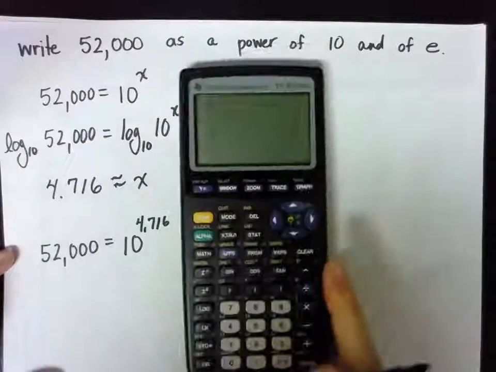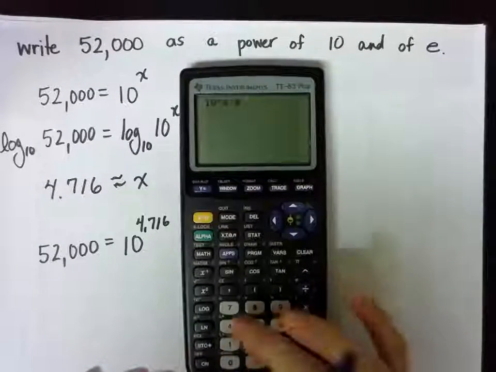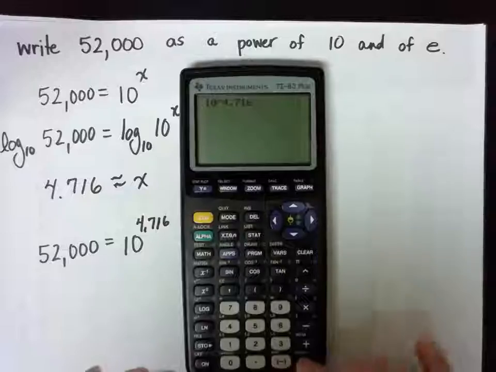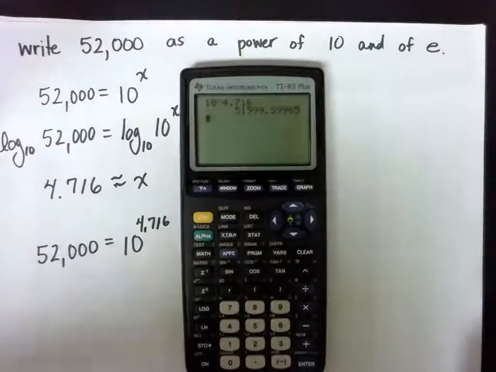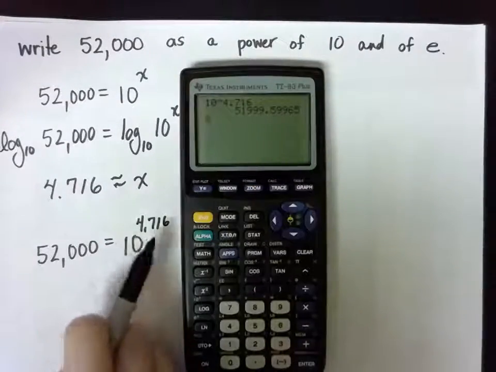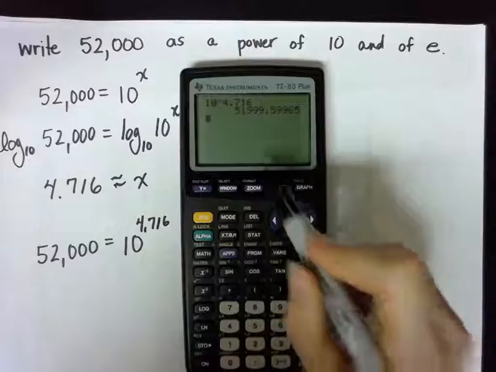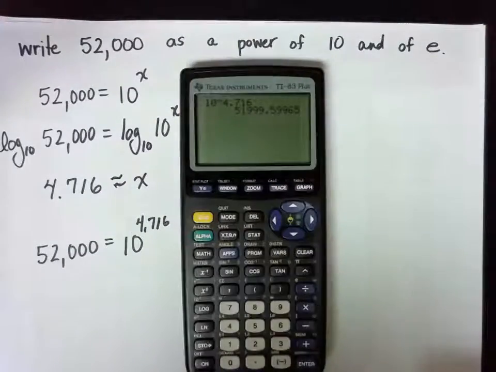And we could even check that. Let's do 10 raised to the 4.716 power. And you see that when we round that, we would get 52,000. Obviously it's not going to be exact because we had to round our exponent, and so our answer will also be rounded, but it's very, very close.